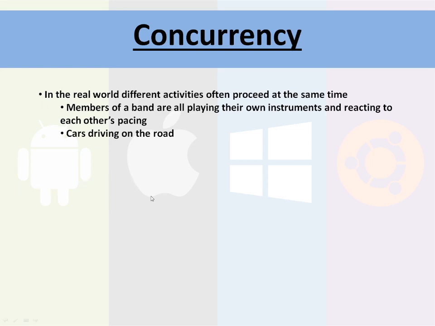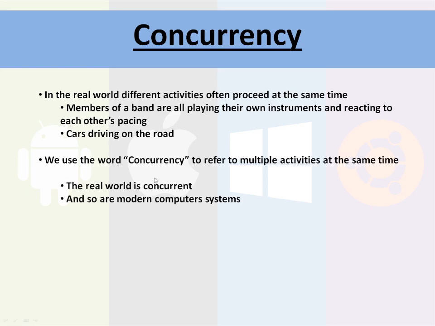While you're driving, you're constantly observing the environment and reacting to other cars. Well, hopefully at least. So in the real world, concurrency is everywhere. The real world is concurrent. And we use this word concurrency to refer to multiple activities at the same time.